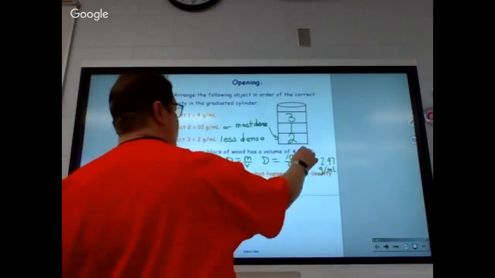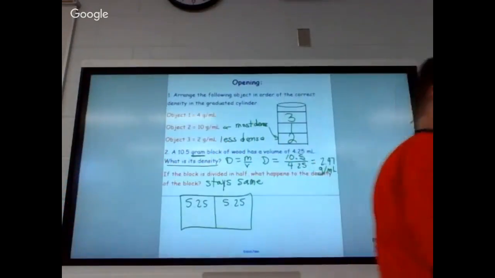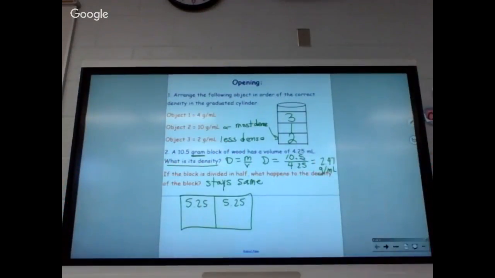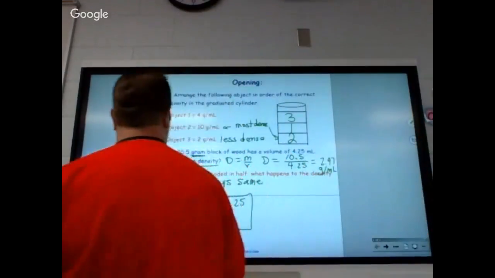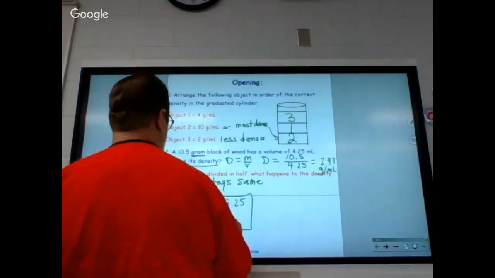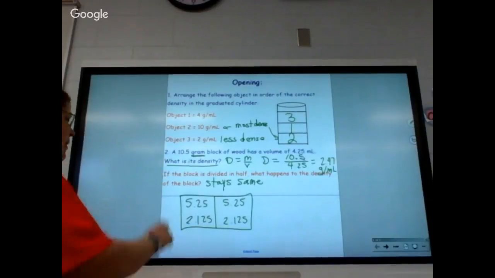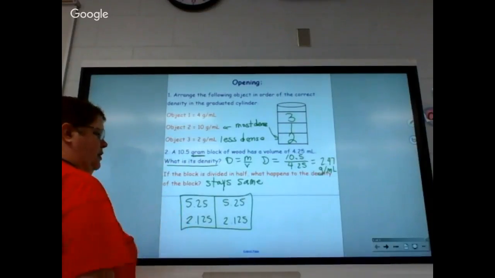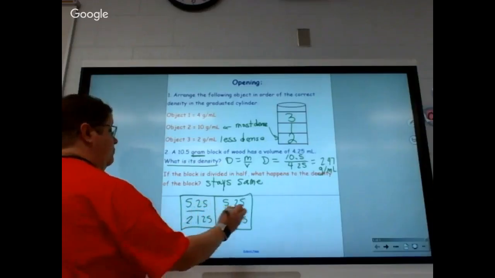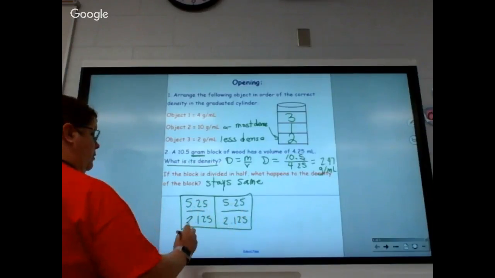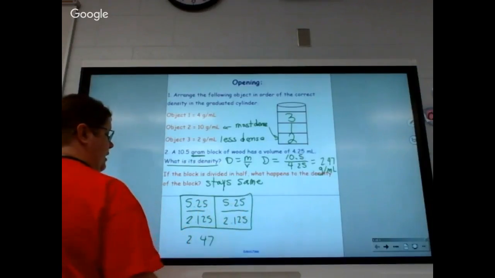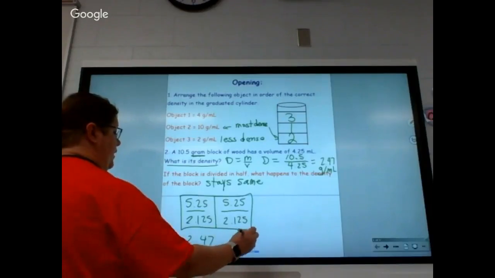If I take my volume and I divide it in half, I can probably do it in my head, but let's not make a math error. 2.125 and 2.125. Now what do I do with those two numbers? If that's my mass and that's my volume, what do I do with them? You divide them. And when you divide them, you get 2.47 on this side and 2.47 on that side.